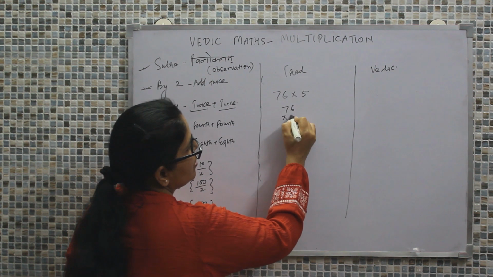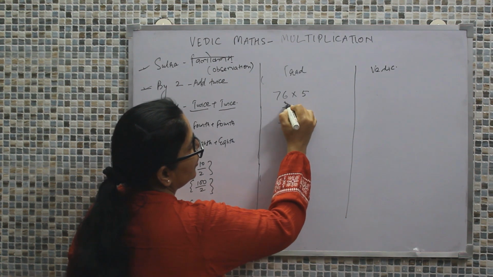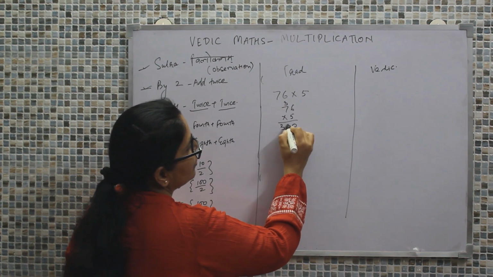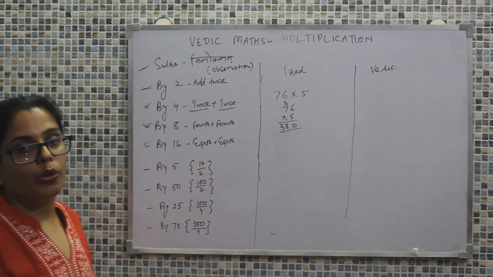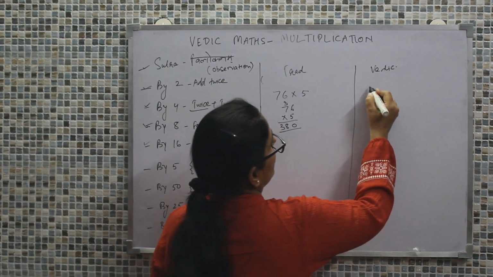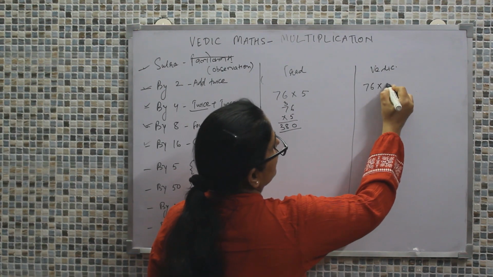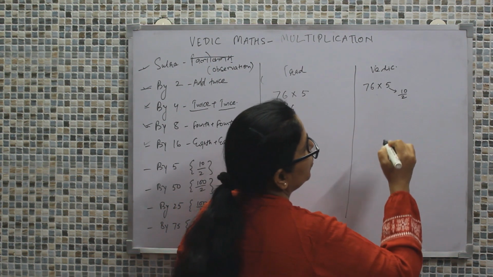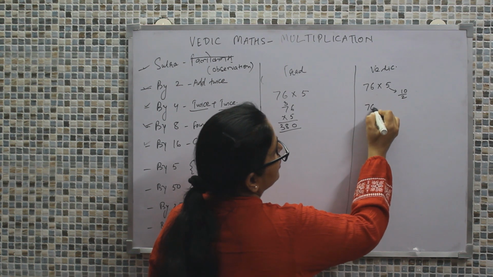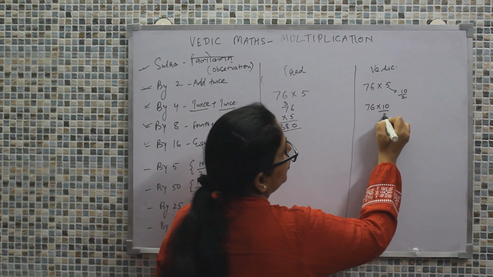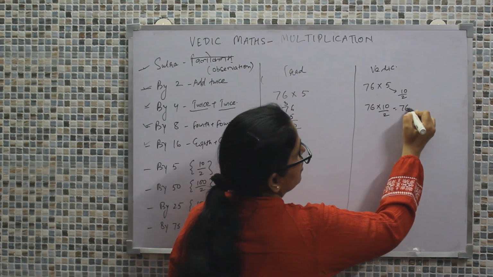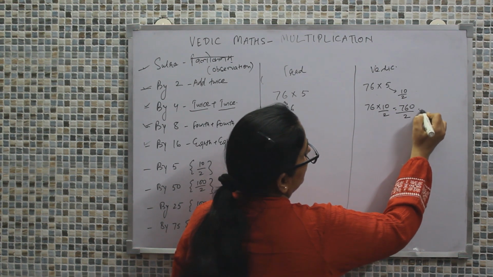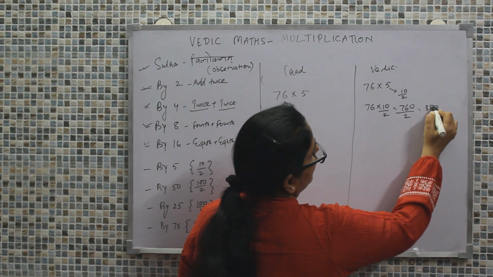So that is 76 into 5, 6 5s are 30, carry 3, 35 plus 3 is 38. The Vedic approach says that if you need to make out 76 into 5, this 5 can be written as 10 upon 2. So we have 76 into 10 upon 2. Simple, 760 upon 2, and that is going to give us 380.